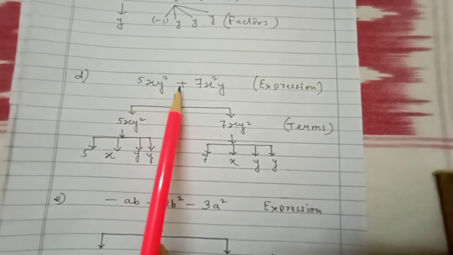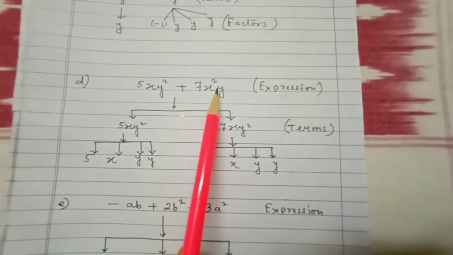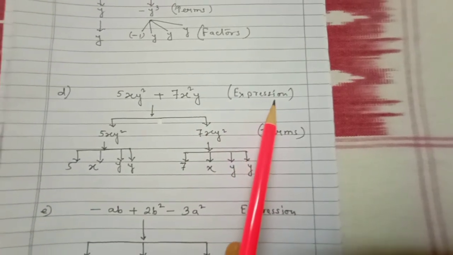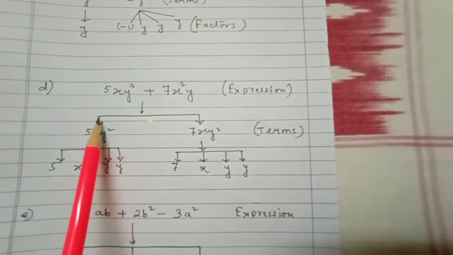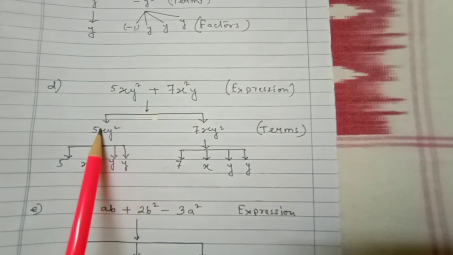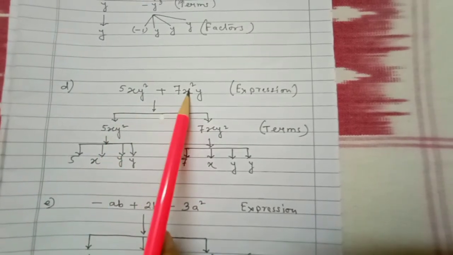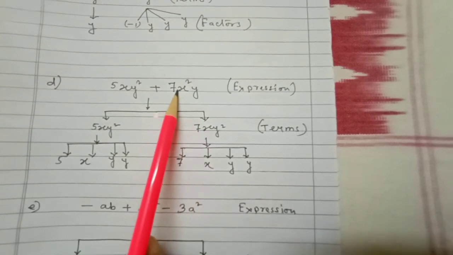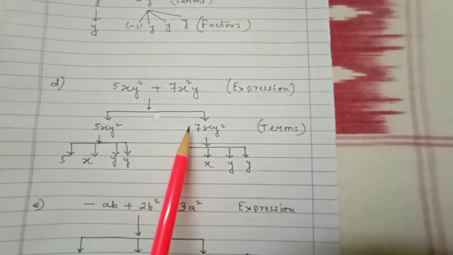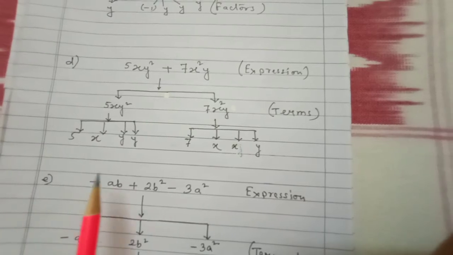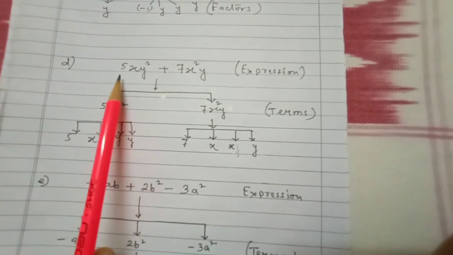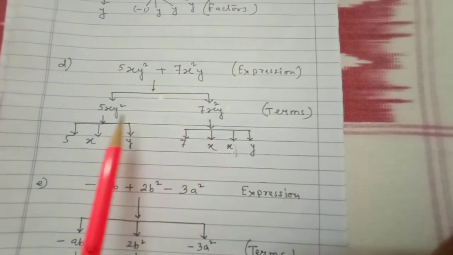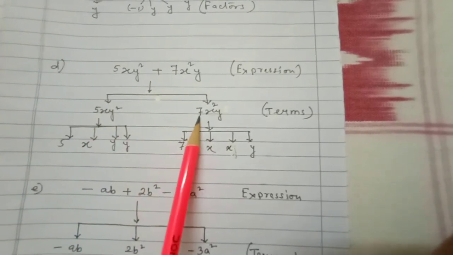Come to the next expression: 5xy square plus 7x square y. This is our expression, so I have to write the expression here. Next, the first term is 5xy square, and the second term is also plus, so no need to mention the plus sign in front: 7x square y.